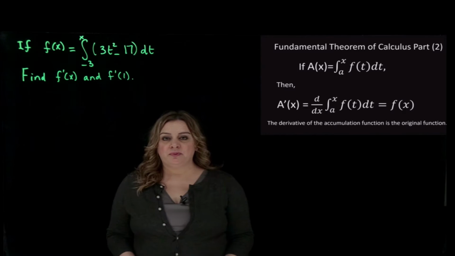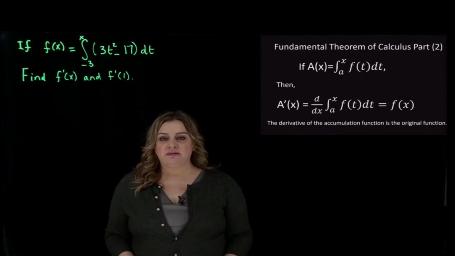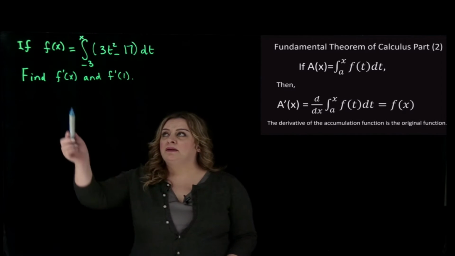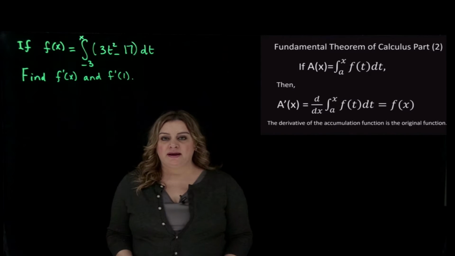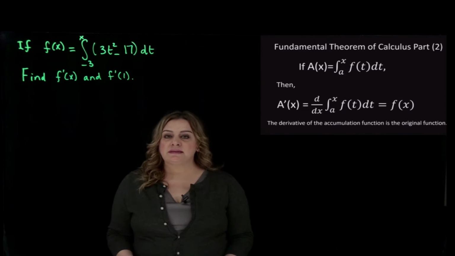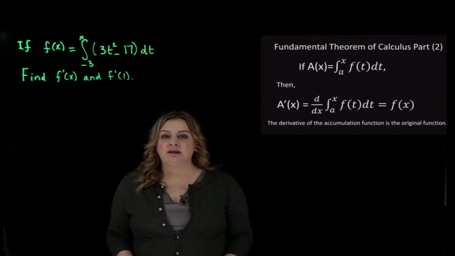Comparing our example to part 2 of the theorem, we notice that F of x is A of x, f of t is 3t squared minus 17, and a equals negative 3. We will start and compute F prime of x.